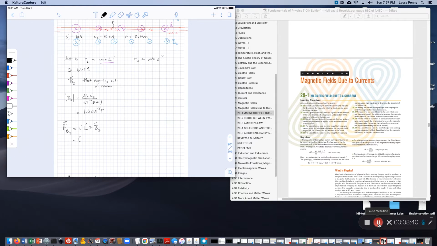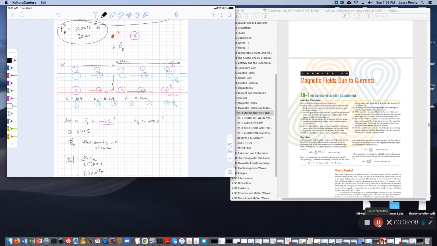So here we do current 1, which is 10 amps, 10 meters. If I just want to know the magnitude of this force, again, times the magnitude of this magnetic field 2, so multiply that times 100, I end up with 1 times 10 to the negative 3 newtons.